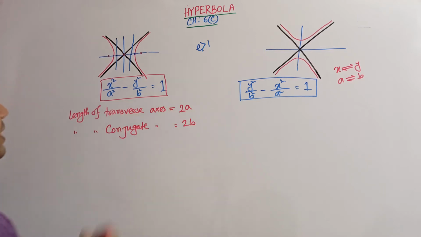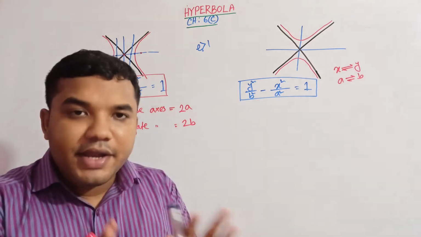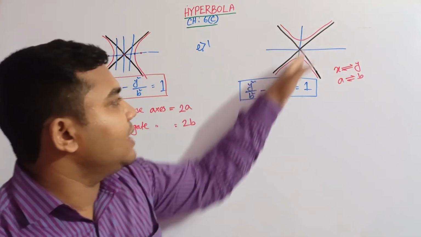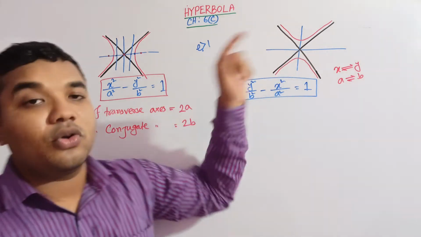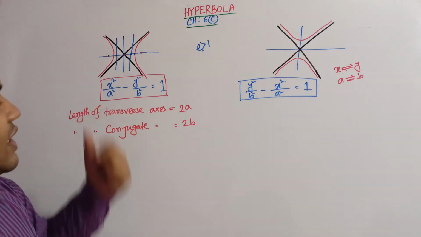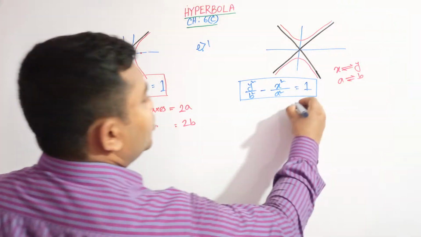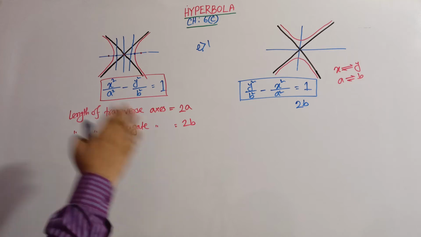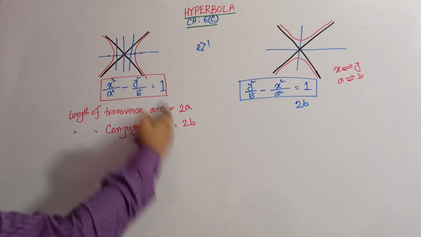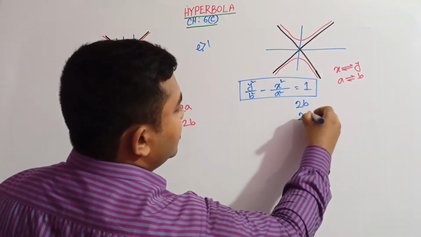is 2b. Similarly, here we can clearly understand that the axis we call the major axis in the ellipse is called the transverse axis in the hyperbola. It should be 2b for this part, and the conjugate axis was 2b for this part, and here it should be 2a.